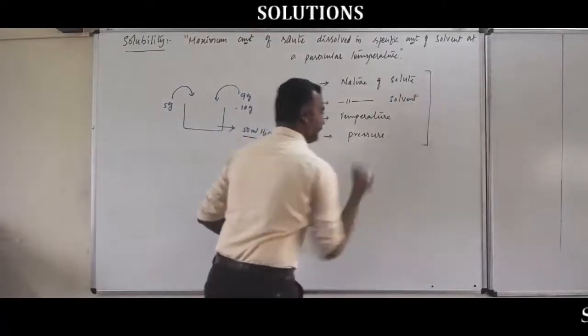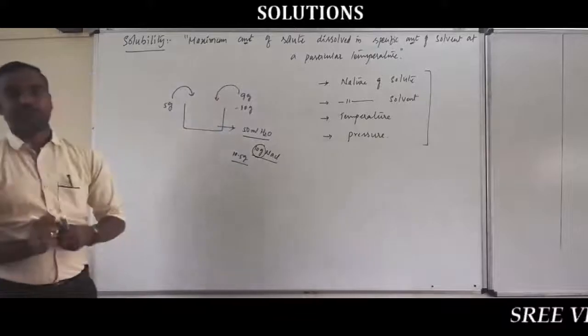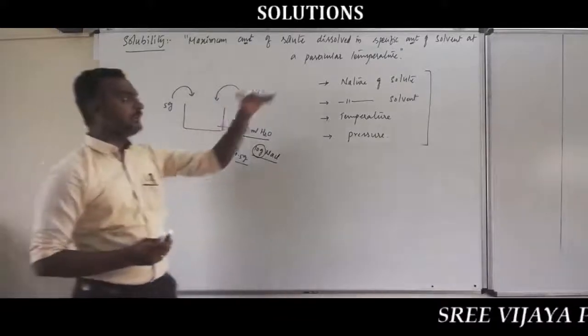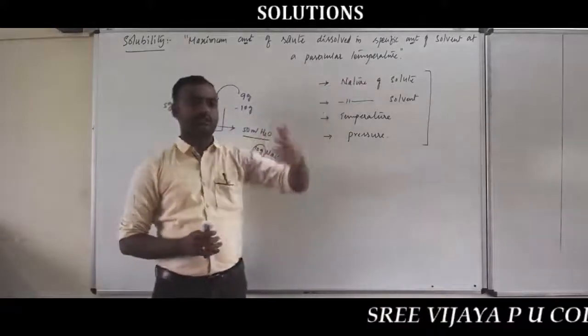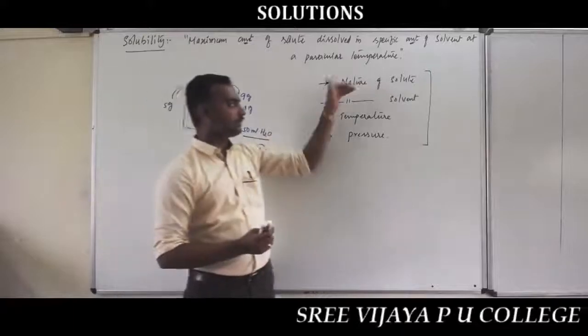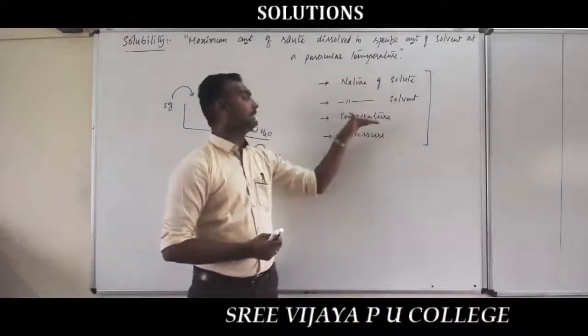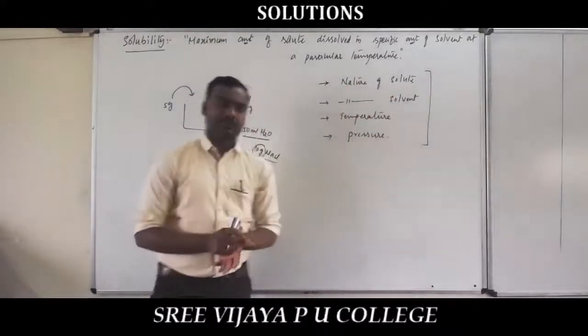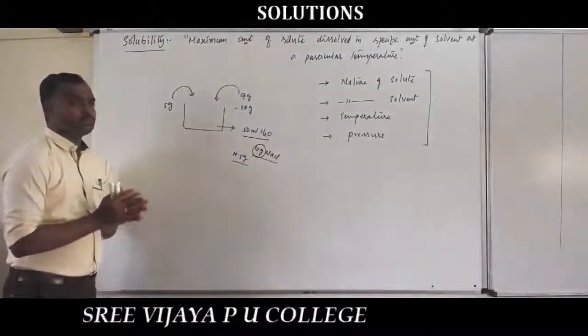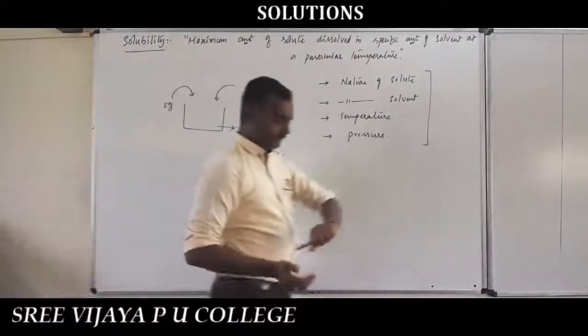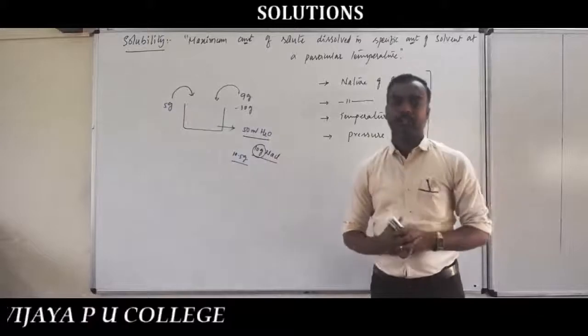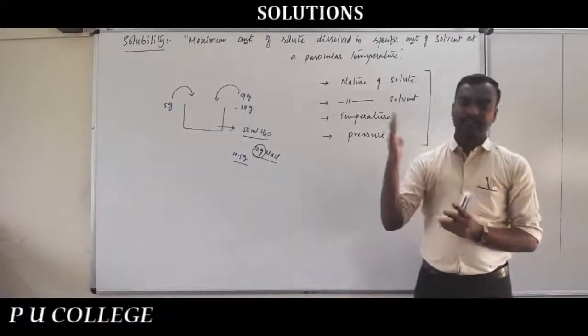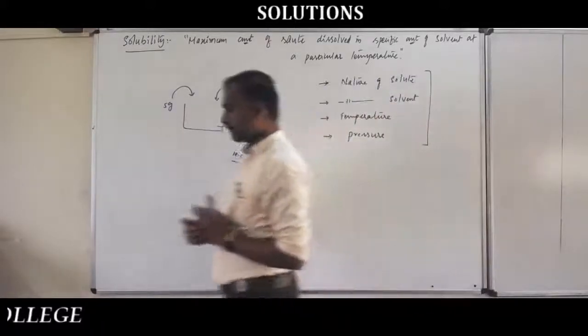These are the 4 factors on which the solubility depends. So name the factors on which solubility depends: nature of solute, nature of solvent, temperature, as well as pressure. Under this we have 2 concepts. One is solubility of solid in liquid and another one is solubility of gas in liquid. So we have to study one by one.